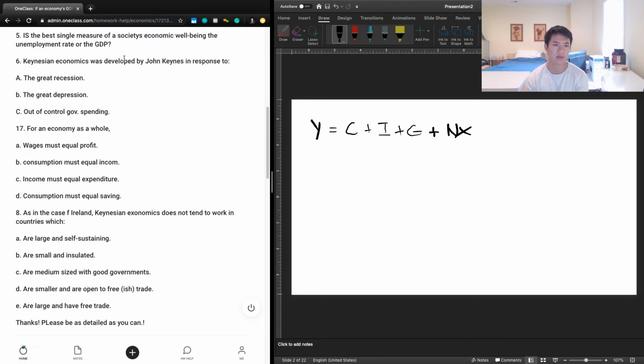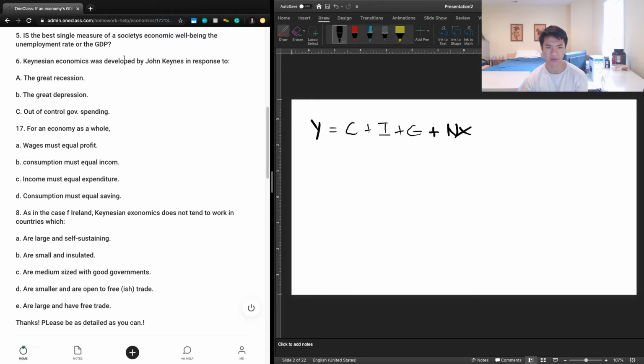This was the approach taken by the government at the time, which was to pass the New Deal, spend a ton of money on public works, hire a lot of people, and that helped bring us out of the Great Depression. And so Keynesian economics is one school of thought in economics that government should be active in responding to economic downturn.